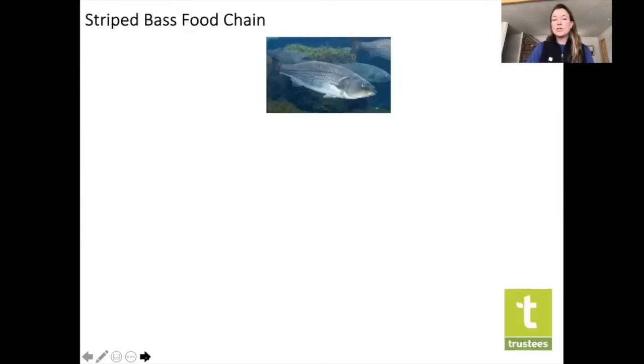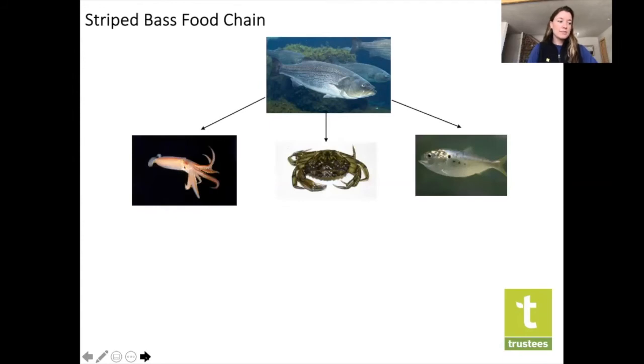So let's take a close look at the striped bass food chain as we start to learn further in the lesson about why striped bass migrate. We want to understand what striped bass are eating and why. So striped bass are opportunistic predators.